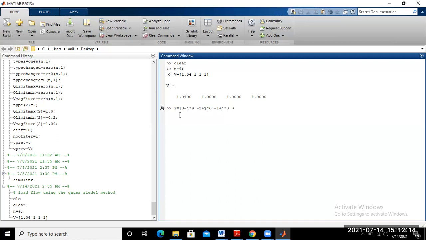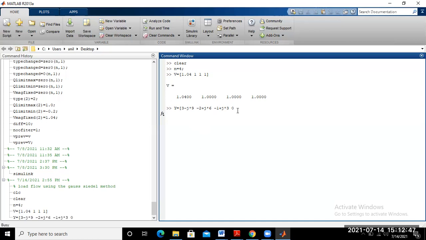You may find the admittance matrix by manual calculation, or directly the impedance matrix of your power system. So bus number 1 and 4 are not connected. If you look at the previous class diagram of this 4 bus power system, you may find that bus number 1 and 4 are not connected. So Y14 is 0.